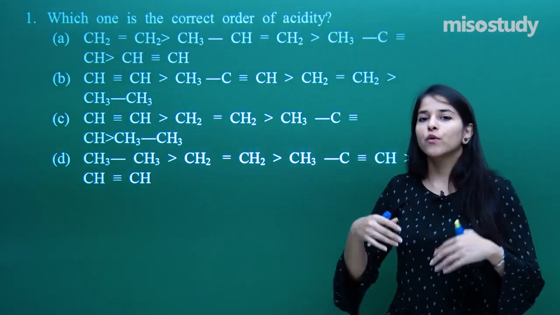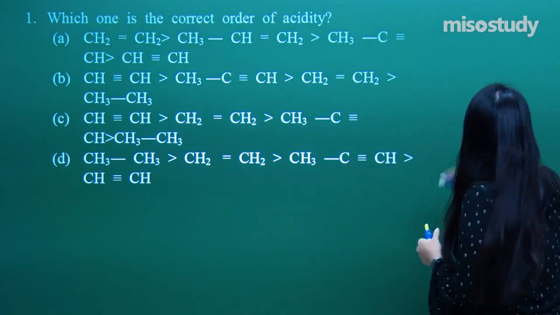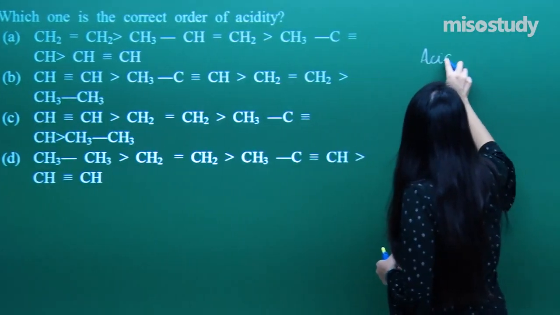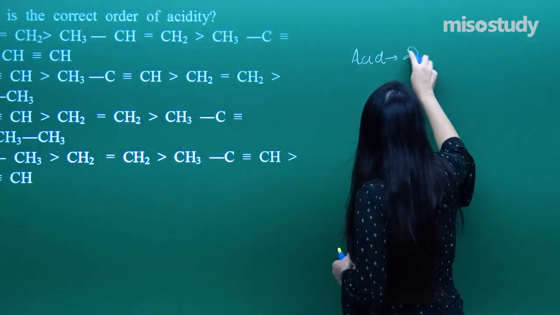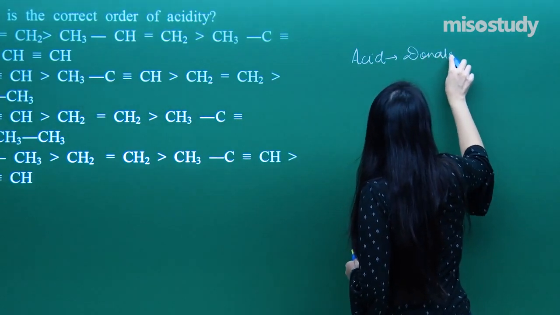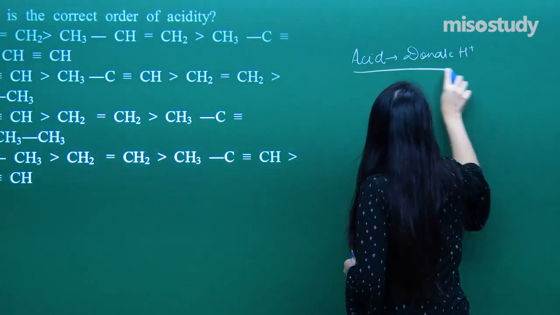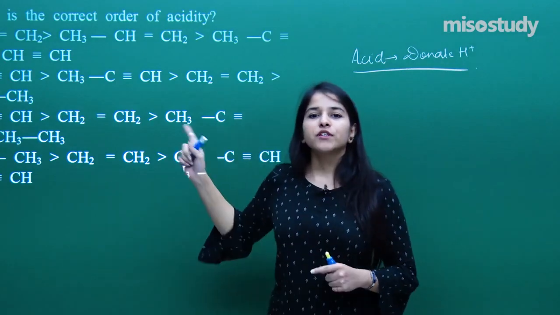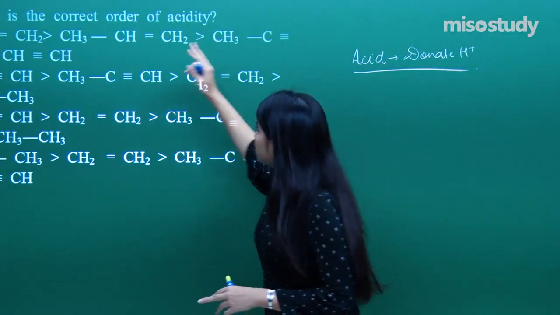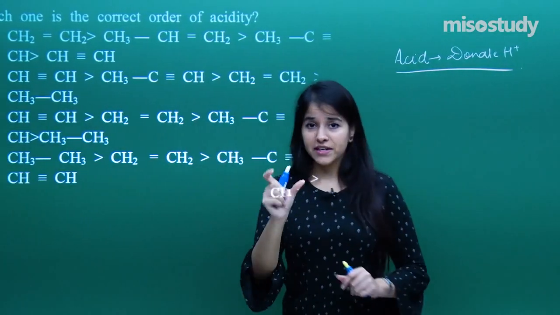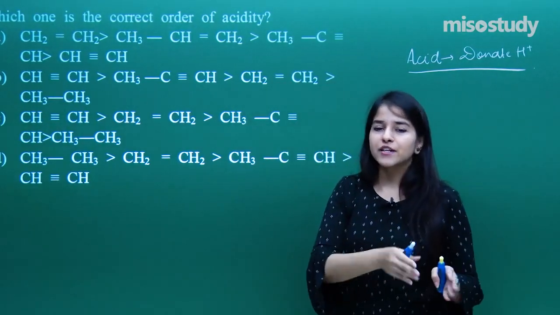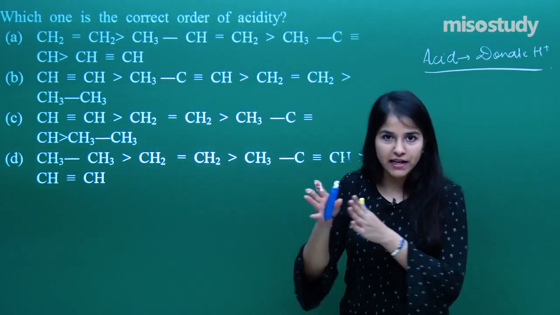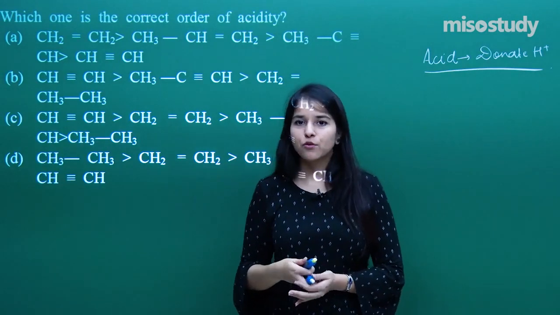An acid always donates protons, donates H plus. So the approach for this question will be to remove one H plus from each and every molecule and then find out the stability of the anion obtained. That is the approach over here.